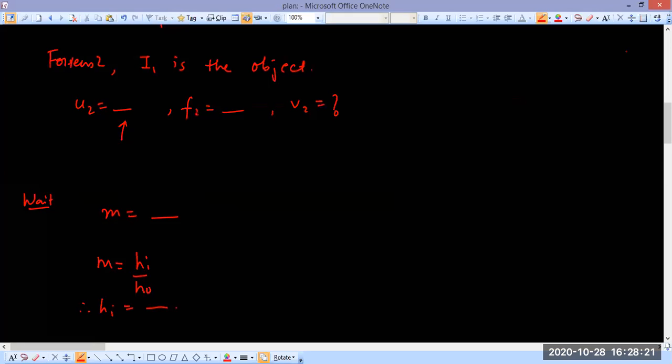That is V2. Is V2 plus 24.34 or minus 24.34?